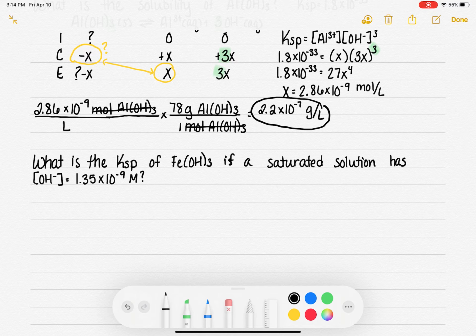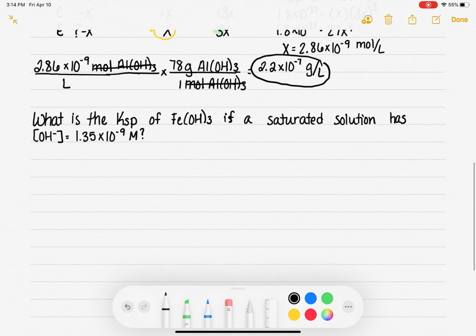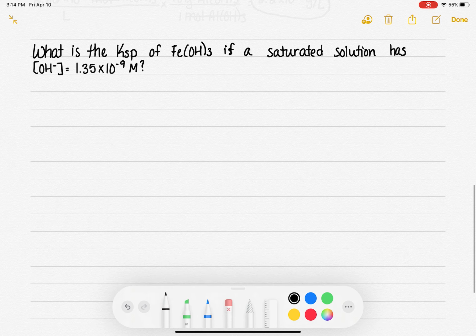What is the Ksp? So this problem actually looks really different from the last two that we've done. But even though it looks quite a bit different, we're going to see that the strategy we take is almost exactly the same. We need to make an ice table, which means that we have to start by writing a balanced equation.